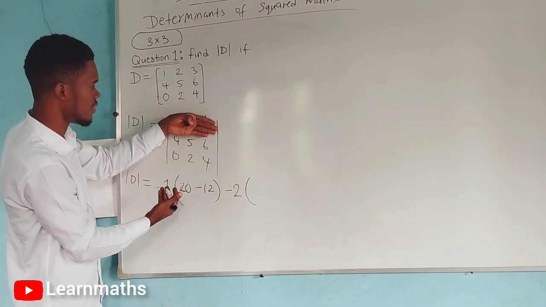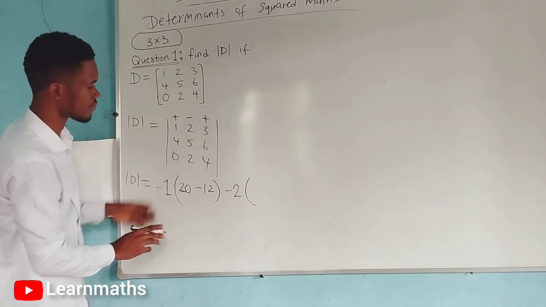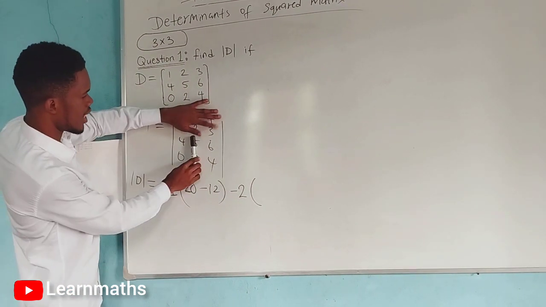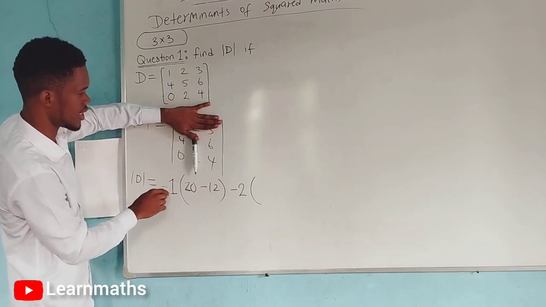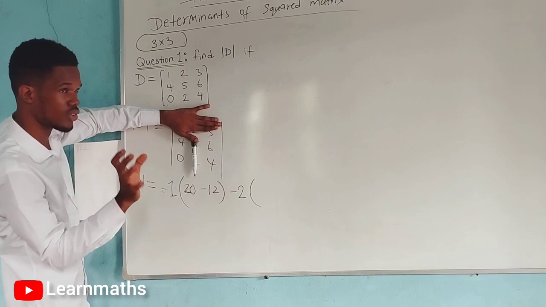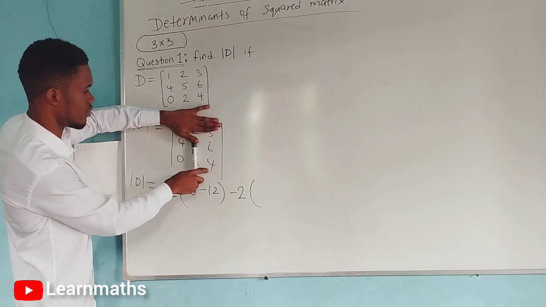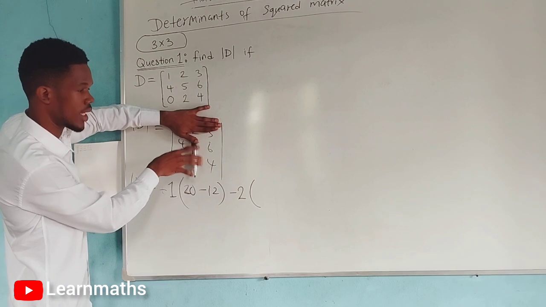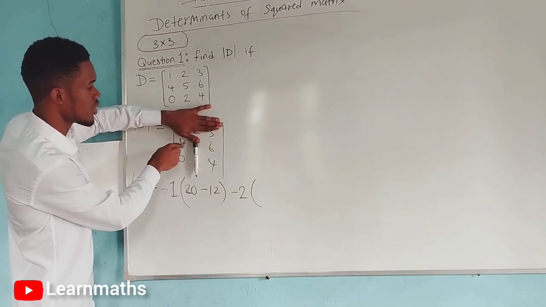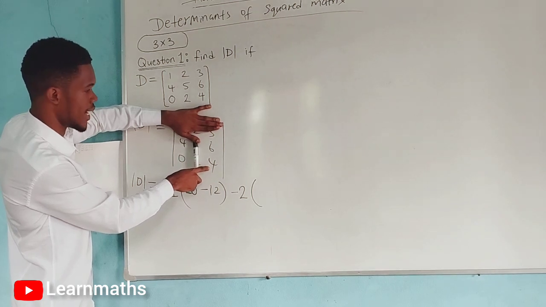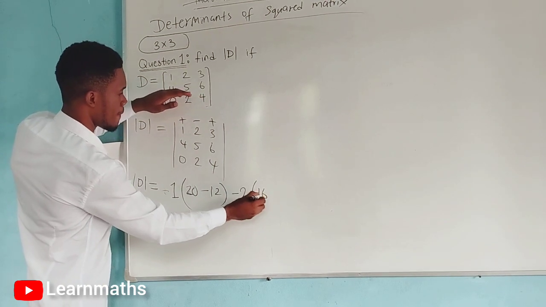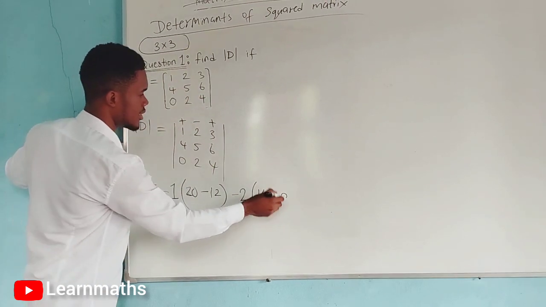So if I cover this first row and this second column, we now have a smaller 2 by 2 matrix, that's 4, 6, 0, 4. So I'm going to get the determinant of this smaller 2 by 2 matrix, multiply this diagonal, subtract this one. So 4 times 4, 16, minus 6 times 0.